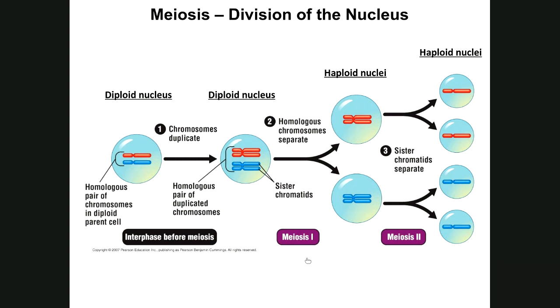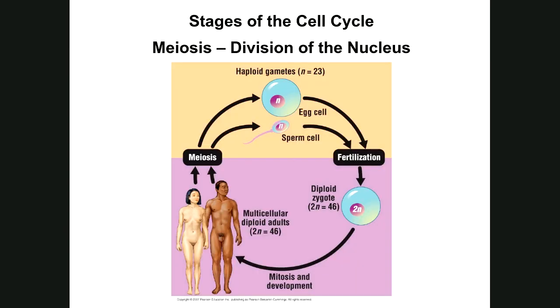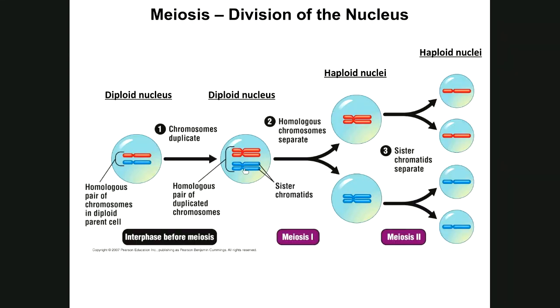Okay, N equals 23. That way, if the sperm fertilizes the egg, N plus N reestablishes our diploid state in the offspring, 2N. Okay, so the organism has to be diploid, but in order to produce another generation of offspring that are also diploid organisms, we have to produce haploid cells. So here it's showing you once every pair of chromosomes has been replicated and transformed into sister chromatids.